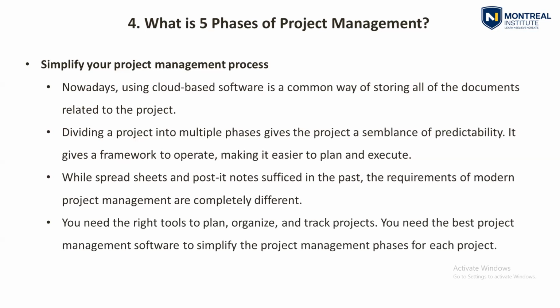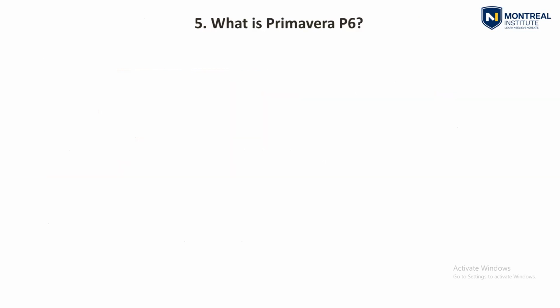So you need the right tools to plan, organize and track your projects. You need the best project management software to simplify the project management phases for your project. So as I told you, Primavera P6 is one of the best software in the industry to help you plan, organize and track your projects.